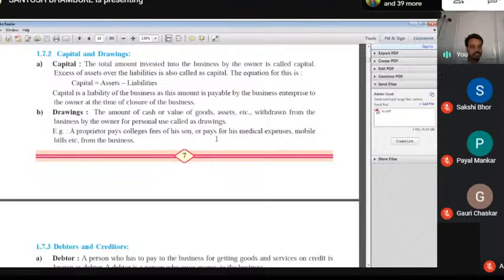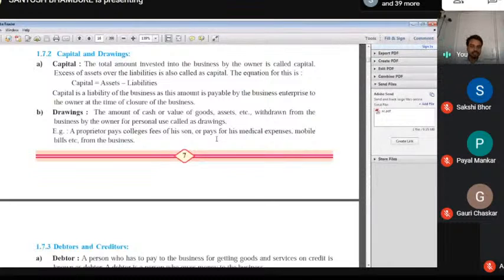What is the meaning of transaction? Transaction is an agreement between buyer and seller to exchange goods. What is the meaning of capital? Amount invested in the business by the owner is called capital.